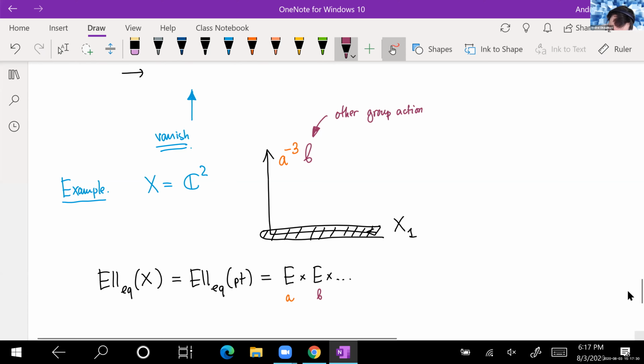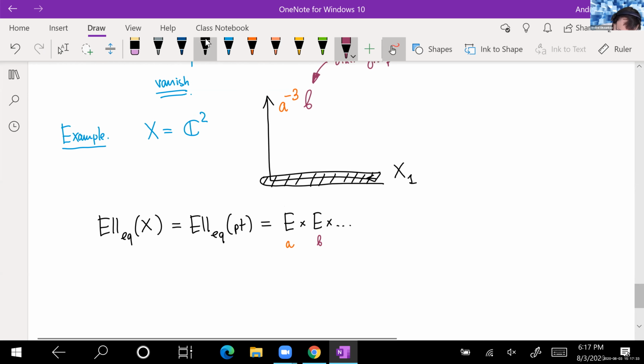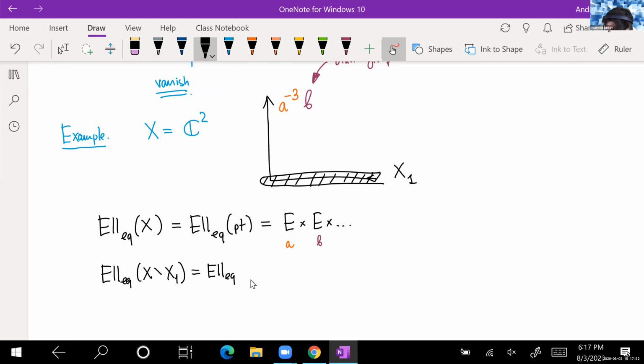And then what would be the elliptic homology, the equivariant elliptic homology of X, if I take away X1? Well, now this contracts to the equivariant elliptic homology of, well, the horizontal direction I can still contract.